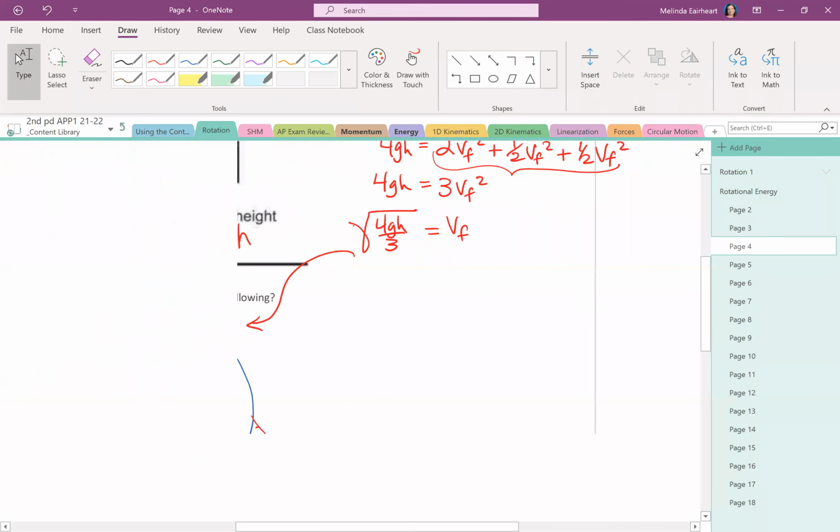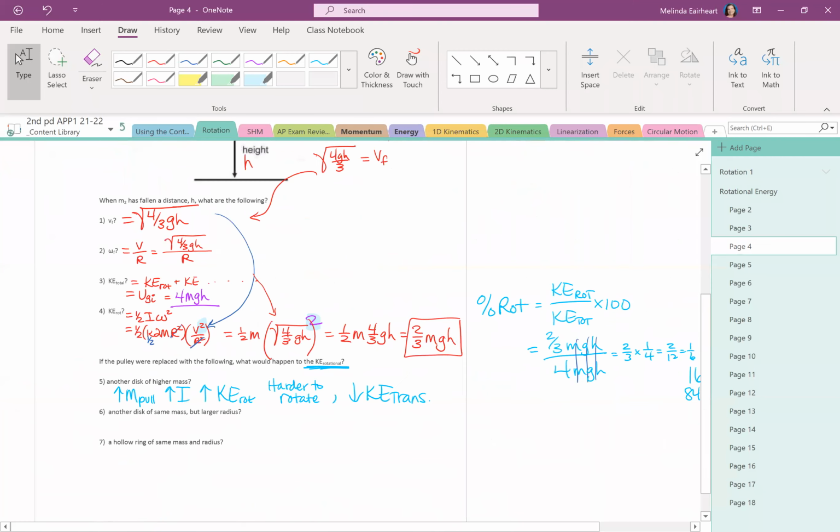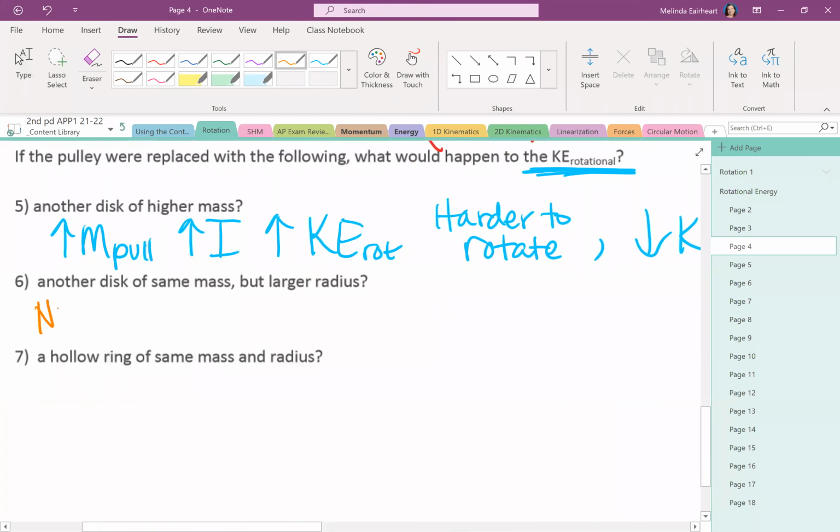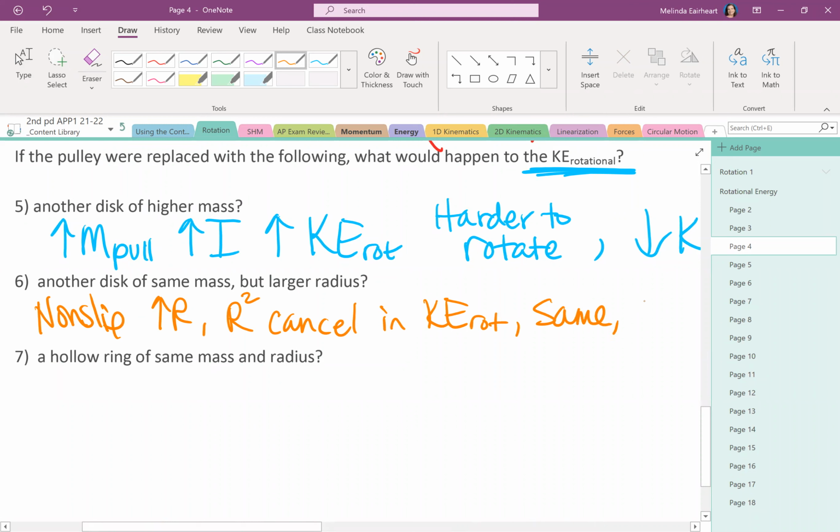Still assuming non-slip on all this. What do we change? A larger radius, but R squared cancels in the KE rotational. And so it'd be the same, and we'd have the same translational. Good there.